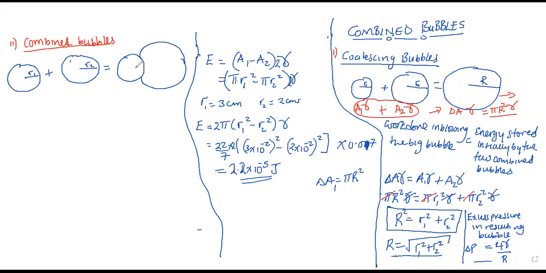So if this one exerts a pressure inside of P1, then even here on this wall we shall have a pressure P1. Then outside we shall have atmospheric pressure. Then inside here we shall have a pressure P2, even inside here due to the second bubble. But outside here there is atmospheric pressure.